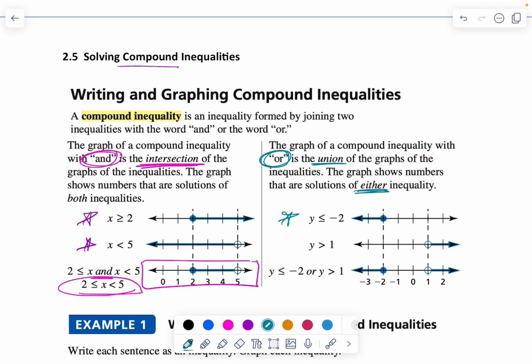Here we have y less than or equal to -2, and here's y is greater than 1. If y is less than or equal to -2 or greater than 1, all of that is the possibility, so we include everything, whereas this one over here is the overlap.